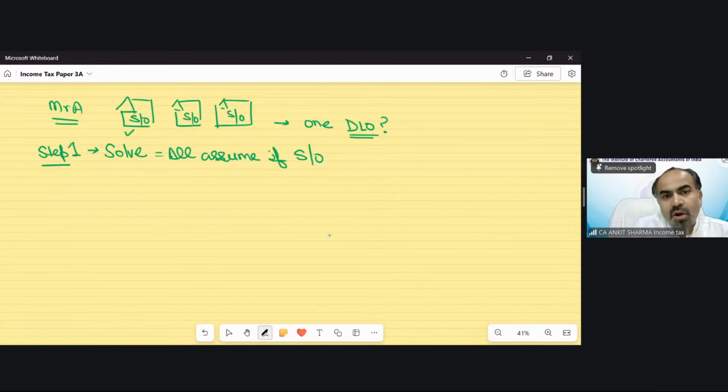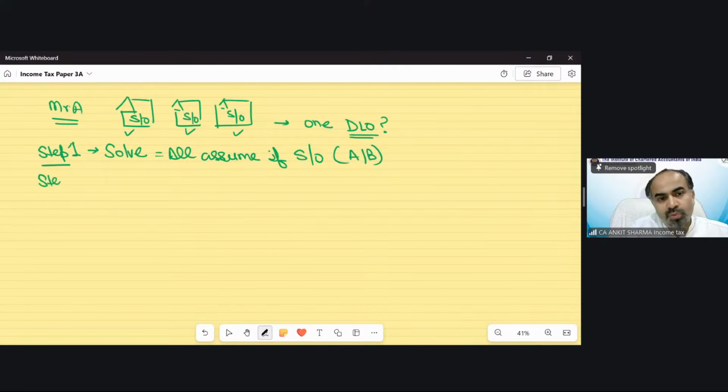So please find out the taxable value of all 3 houses, assuming these are self-occupied. That means as per case A or B, annual value will be nil in all these cases. But if any interest has been paid, that can be allowed as a deduction. So step number 1, solve all these cases as per case A or B. No new solution pattern, but there would be more calculation.